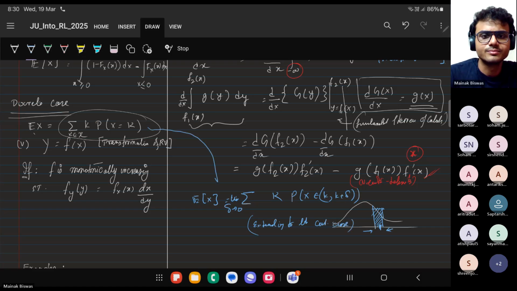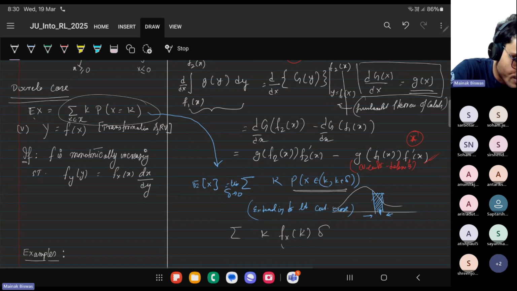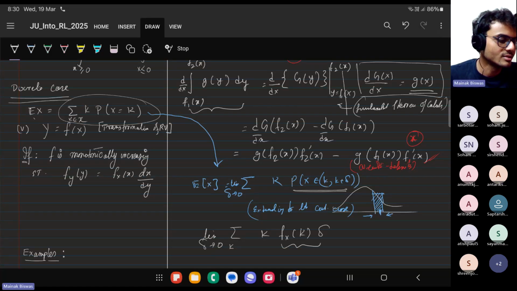It is fine. So now this I can already write as f of x k times delta. Yes or no? We have seen this. We already proved it, if delta tends to 0. Correct? I hope this is fine.